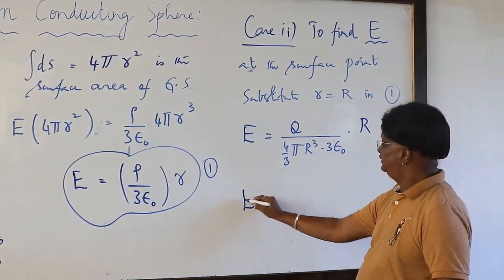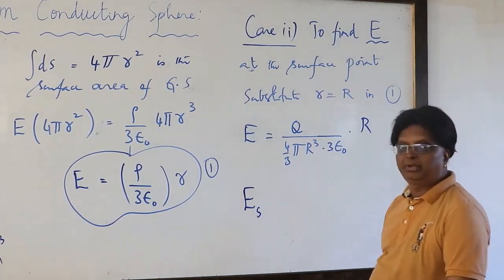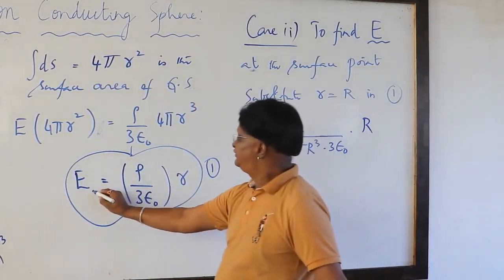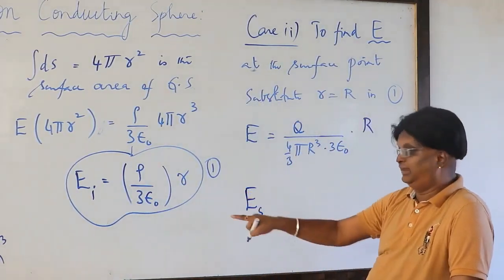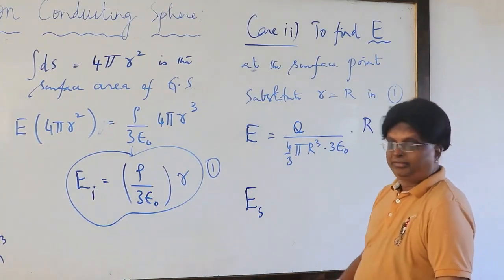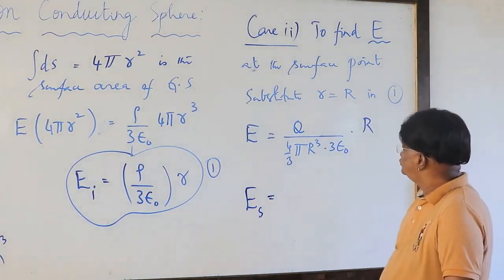E on the surface I am writing as ES, here this is for EI, I for inside point and S for surface point. ES is equal to how much are you getting?